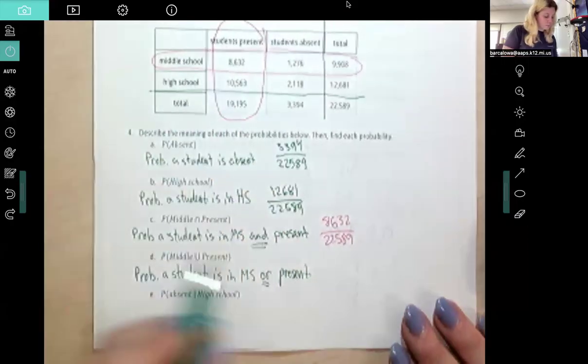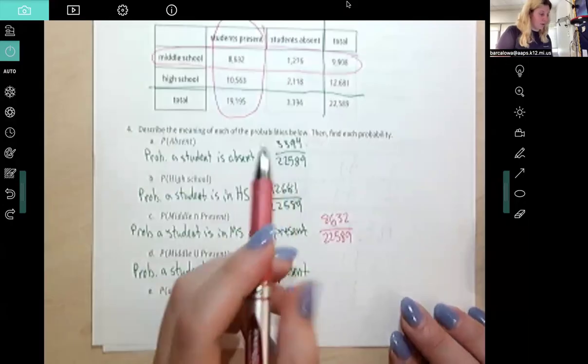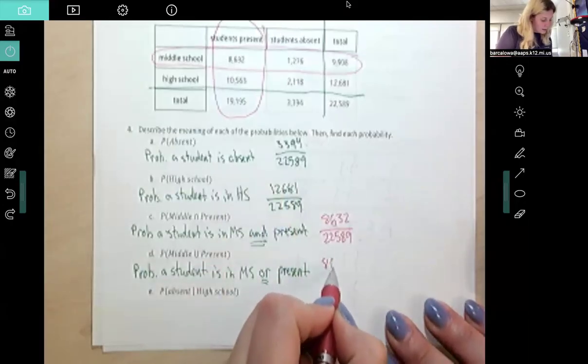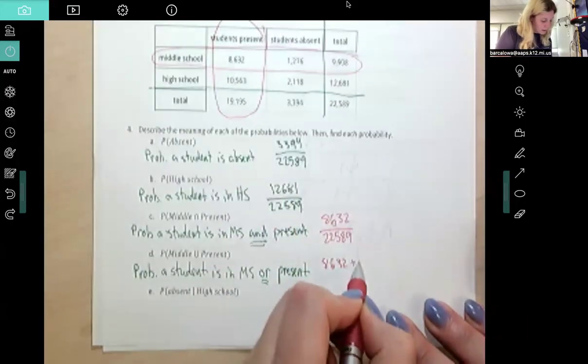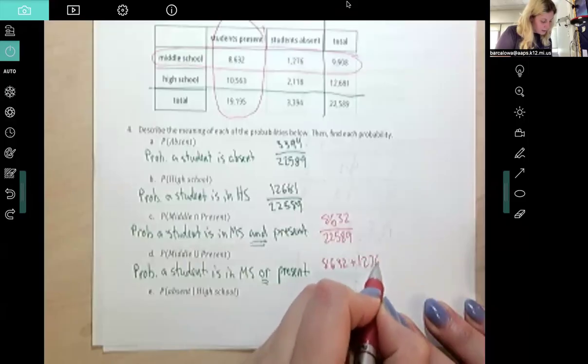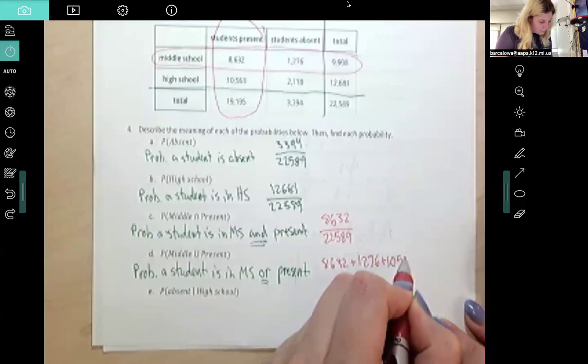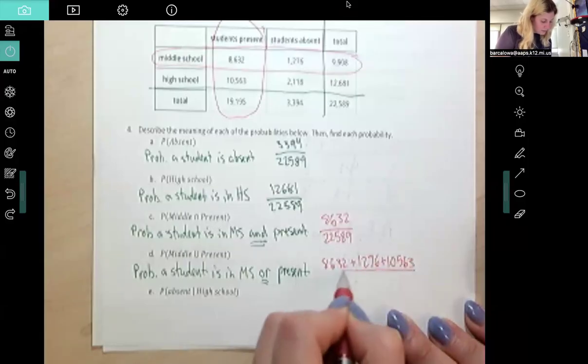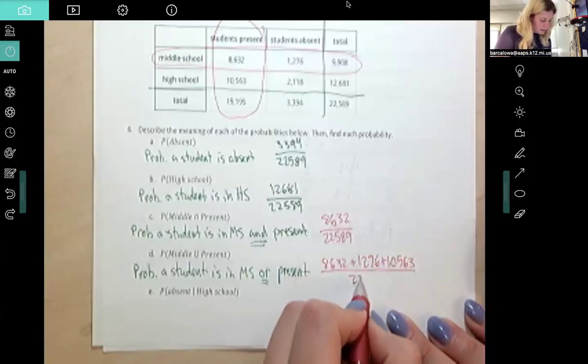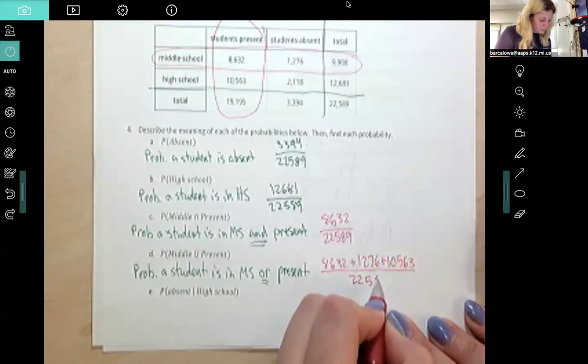Okay, so, oh, I need a calculator. 8632 plus 1276 plus 10563. I don't know why I'm saying my numbers so weird today. And I'm still out of the overall total.